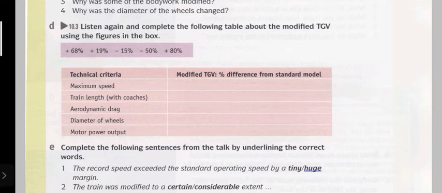Now answer the questions. Number one, maximum speed. What is the percentage of it? Very good. Plus 80%. Train length. Minus what? Minus what? 15 or 50? 15 يعني إيه بالعربي؟ القطر كان 200 متر بقى 100.